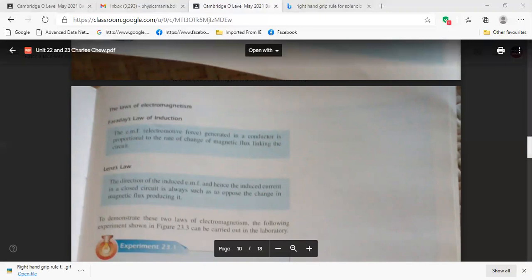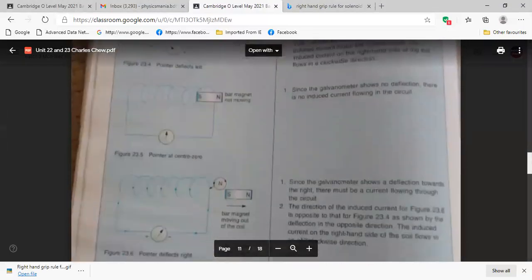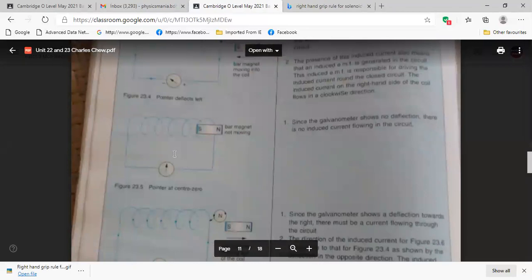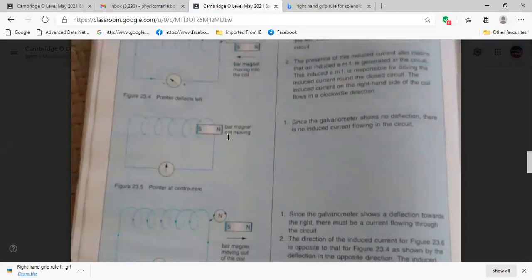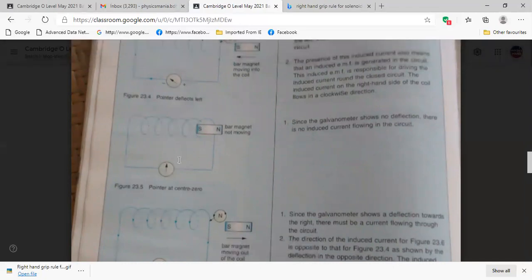Now, related to this law, there is another thing left. You see this diagram. Here we have no deflection of the galvanometer. Why? Because there is no induced EMF or induced current. Yes, sir.